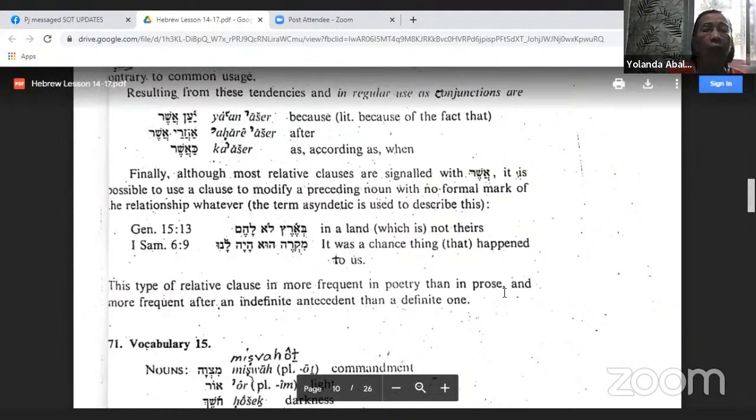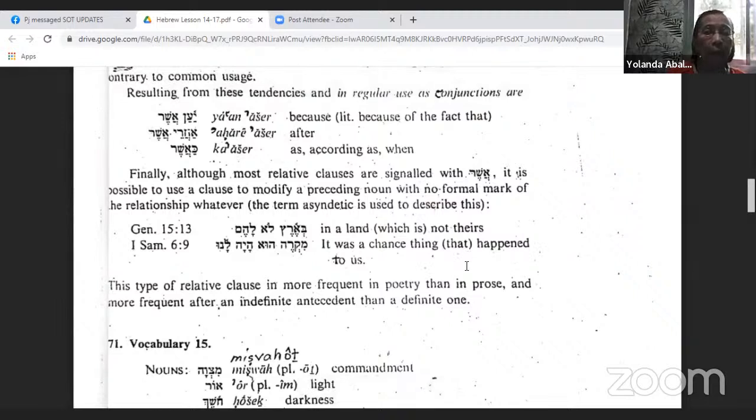So ang kabuuan, it was a chance thing that happened to us. Yan po yung slogan doon sa 1 Samuel 6:9. It was like a fortune that happened to us. It was a chance. It was not intended that happened to us.